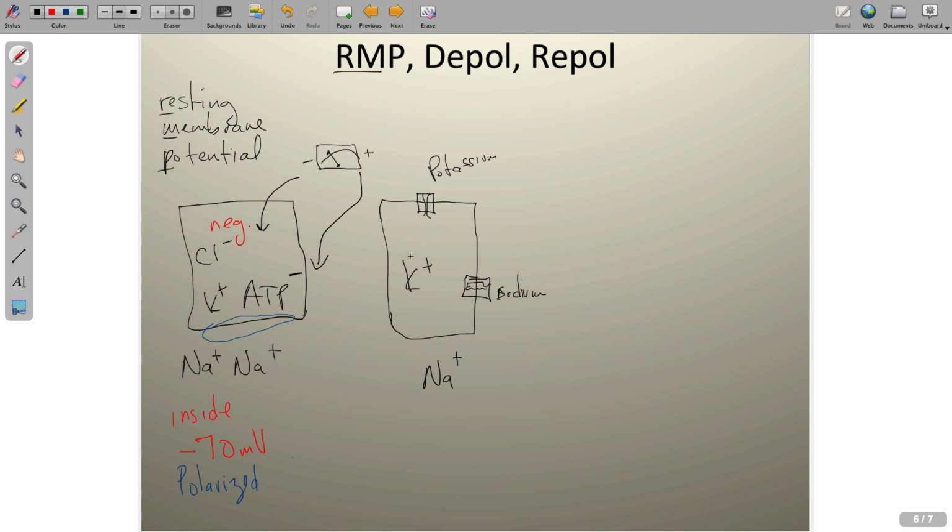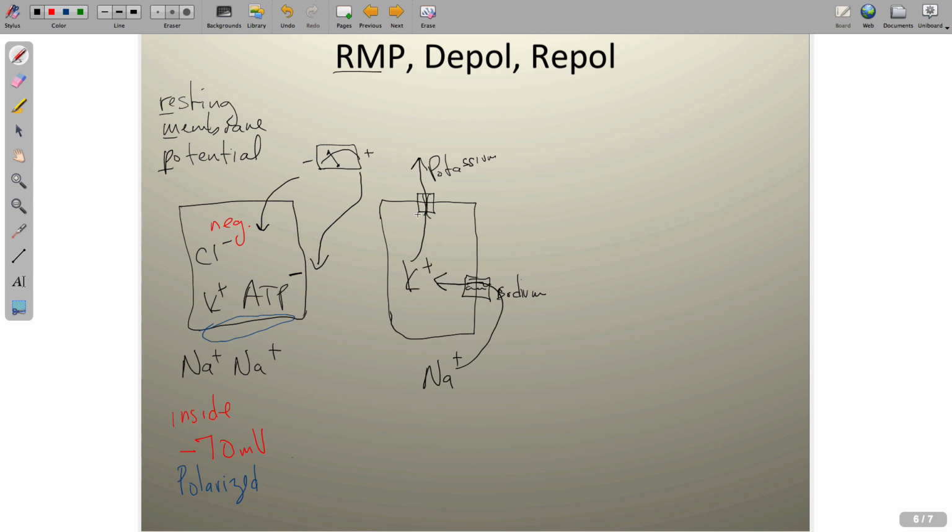Two things are going to happen here. Potassium is actually going to go through that potassium channel and it's going to escape. And sodium is going to do a couple things. It's going to travel through the sodium channel and it's going to enter the cell.